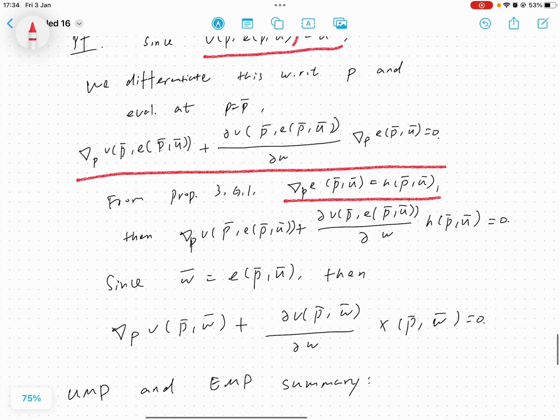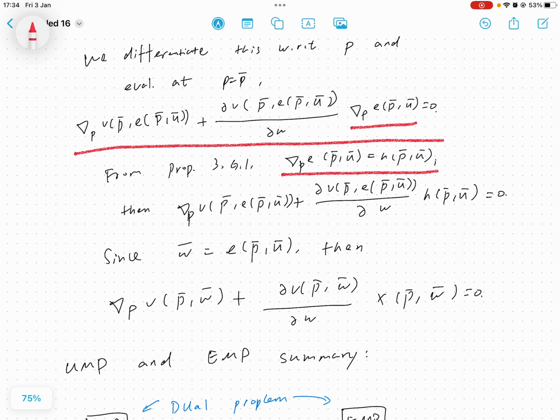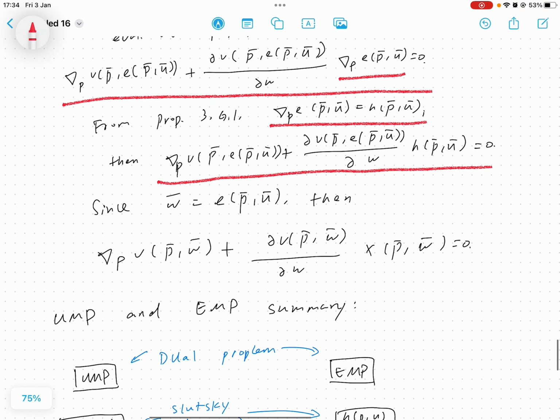So here we can plug this in, and we get this as below. The rest will be very simple. We can just plug in W bar as this E, and that gives us this equation as in Roy's identity, talking about the relationship between X and the derivative of V itself.